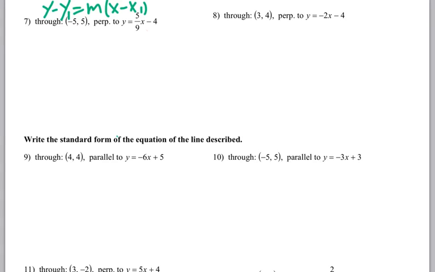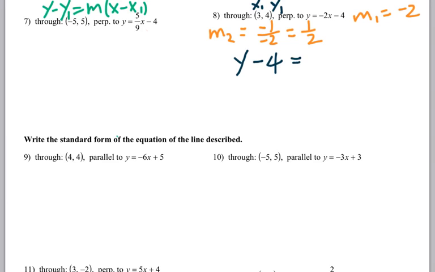Let's go to number 8. We try to find a linear function passing through (3, 4), perpendicular to the line y equals negative 2x minus 4. So we know the slope is negative 2. Then the perpendicular slope will be negative 1 over negative 2, which equals 1 over 2. Given x1 equals 3, y1 equals 4, I plug in: y minus 4 equals 1 over 2 times x minus 3.